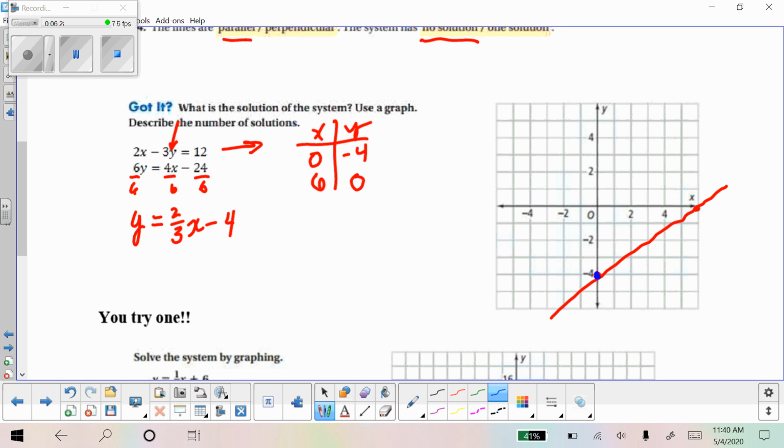Start there. And the slope is 2/3, which means up 2 over 3. And notice we're landing right on the same line. I actually think these are the same equations. When that happens, that means that every solution on the red line is also a solution on the blue line, so there's an infinite number of solutions.